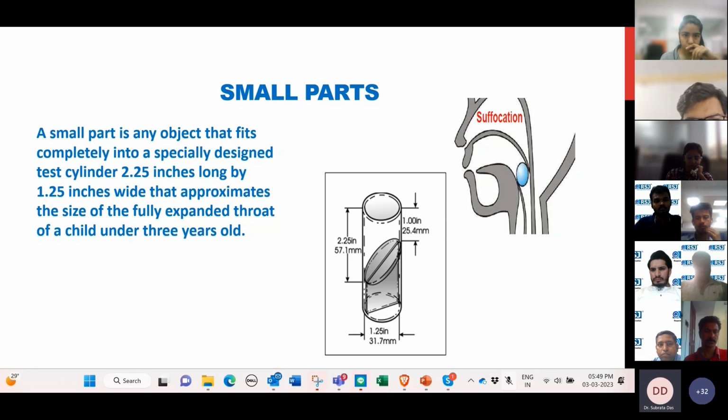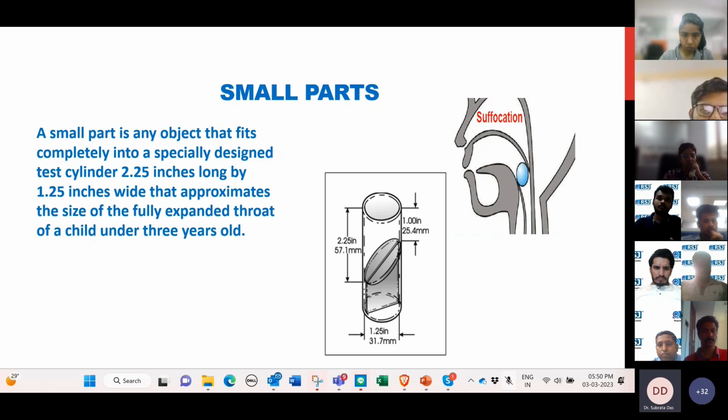So here the 2.25-inch long, 1.25 inches wide, that will be the fully expanded throat of a child under 3 years old. So any kind of small part, if you want to test it, you have to put it into the cylinder. If it passes through, then it is a small part. If it doesn't pass through, then it is a safe product.